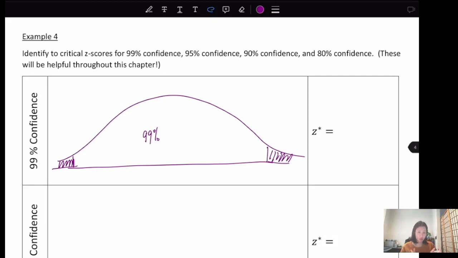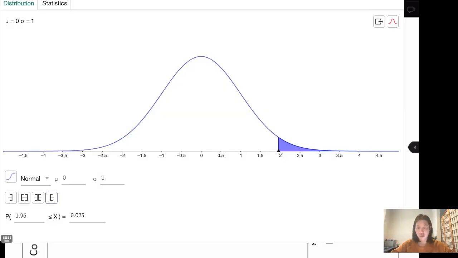Since the normal distribution is symmetric, each tail contains 0.5% of the data. Now, we know that the z-score follows the standard normal distribution with mean 0 and standard deviation 1. Now, we can try to use GeoGebra to calculate that.